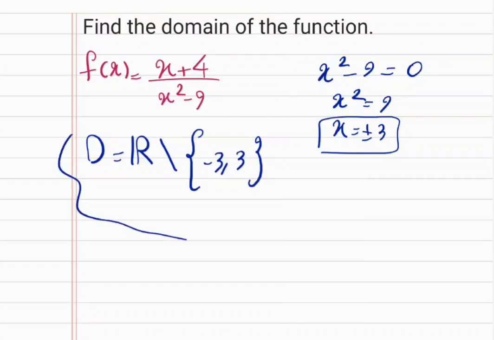So this is the domain of this function. Basically, for those of you who may not be familiar with the set notation, this means all the real numbers except minus 3 and positive 3. So any other numbers that you want, you can just substitute into this function and that's going to work.